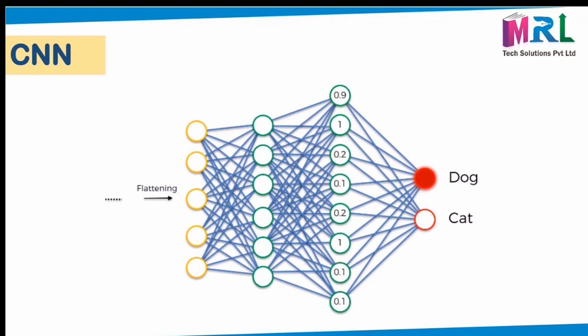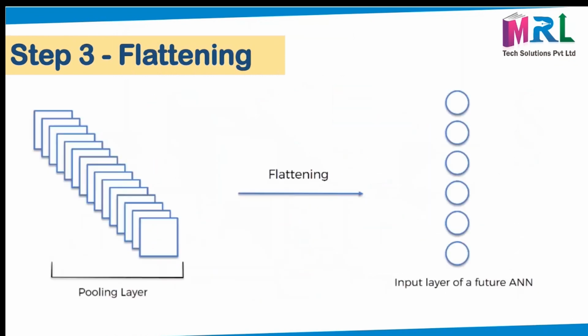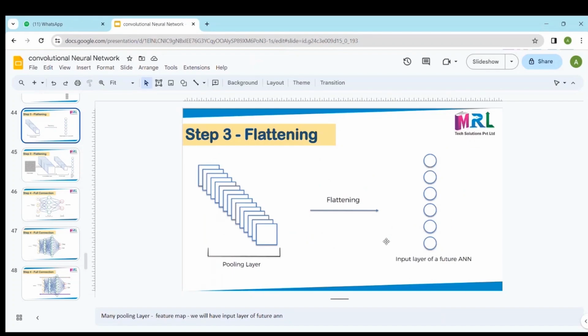We can apply that to our image. So that is how it is working. If you understand that, we'll move on to the coding part. So that's a quick introduction about CNN.